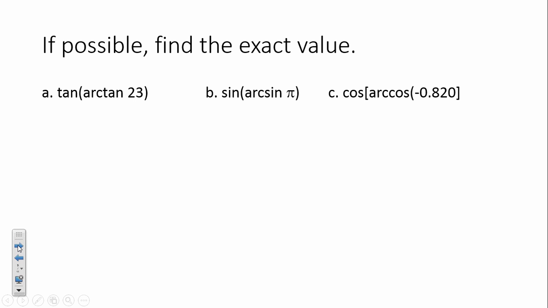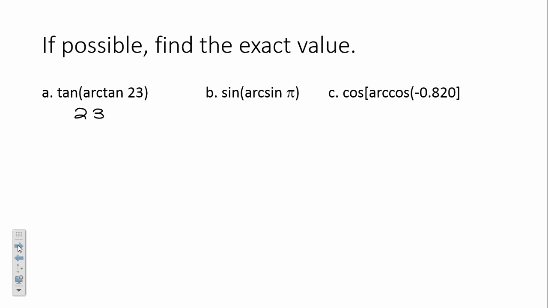So if possible, find the exact value. What's the tangent of the arctangent of 23 going to be? 23. The sine of the arcsine of pi? Okay. Is pi allowed? Angle whose sine is pi.